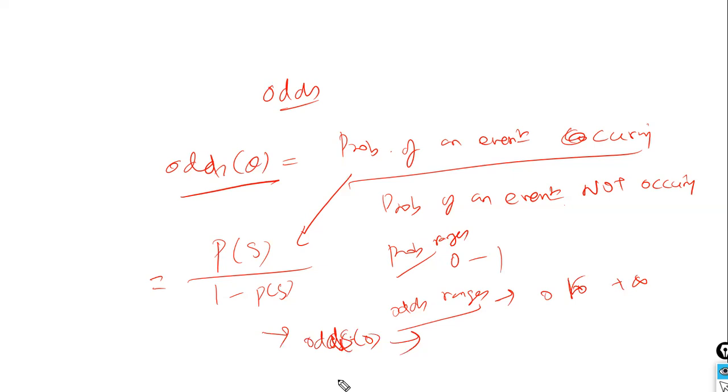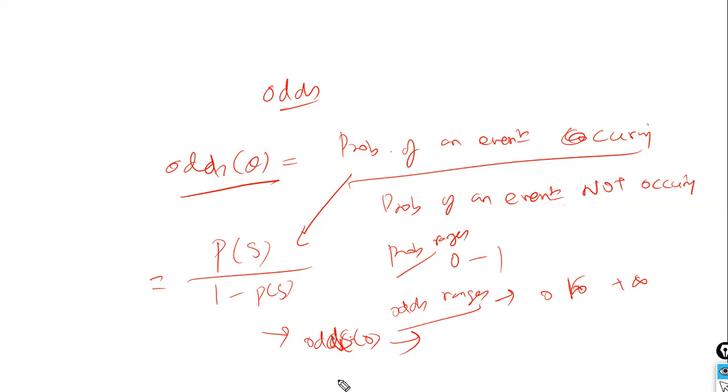What about odds between 0 and 1? If the odds are between 0 and 1, what does it tell us?